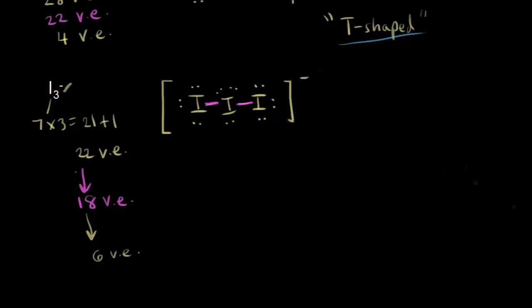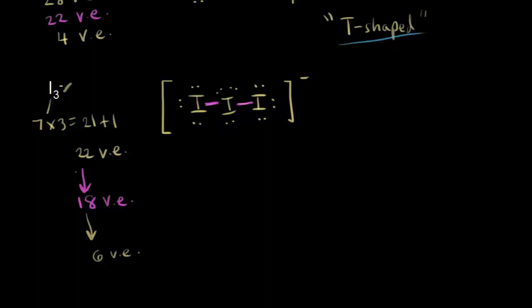So this is our dot structure, and if we look at our central iodine, it's once again exceeding our octet. So it's once again okay for iodine to expand its valence shell because of its position on the periodic table. And if you assign a formal charge to that iodine, you'll see it's a -1 formal charge, which once again I always like to do just to help me understand what's going on a little bit better. So this is a dot structure that makes sense, that follows all of our rules.